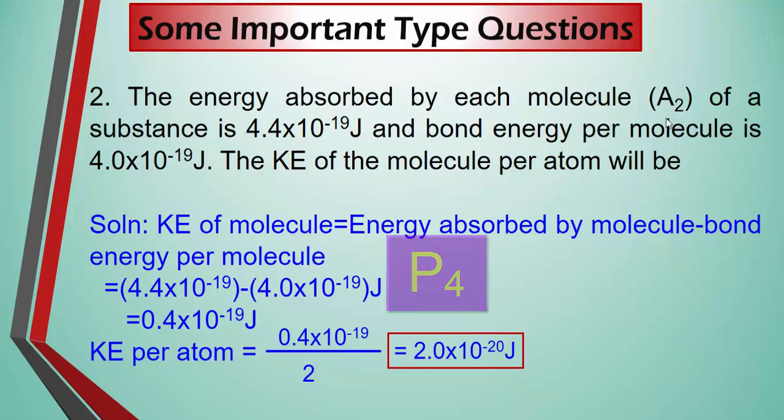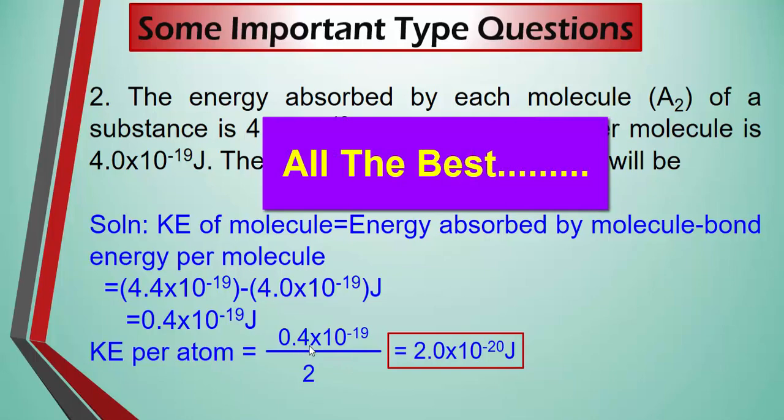In this case, the formula is given as A2, a diatomic molecule, so you divide by 2. So the value will be 0.4 into 10 to the power minus 19 by 2, which is 2.0 into 10 to the power minus 20 joule, which is our option A.